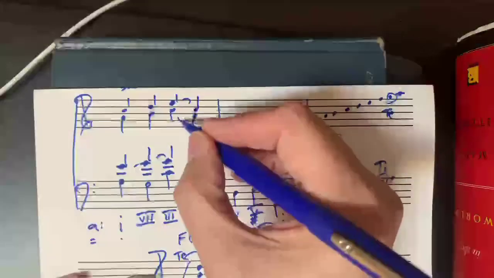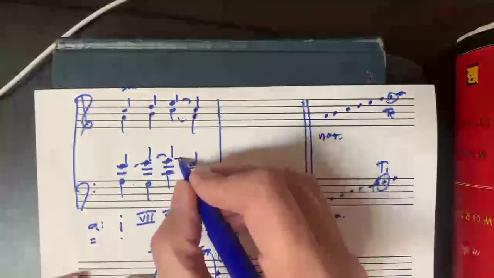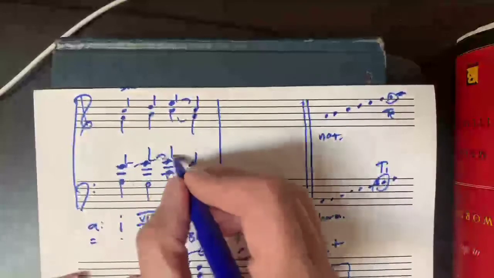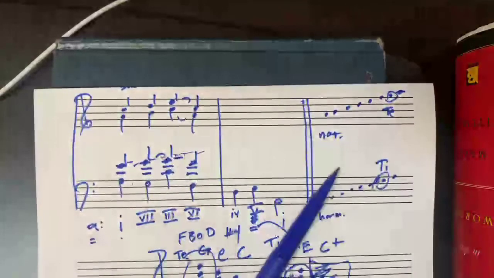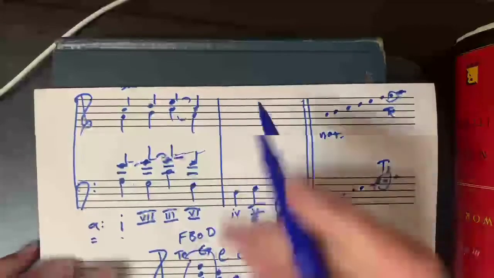These are both leaping a third, but it's the best we can do since the tenor has hit the ceiling of G. Okay, so here's what we got. Okay, that's fine.